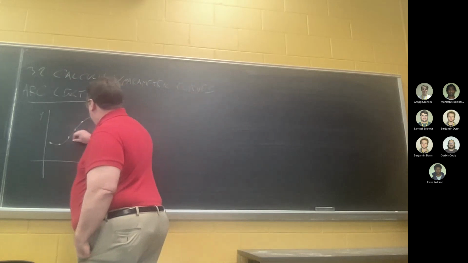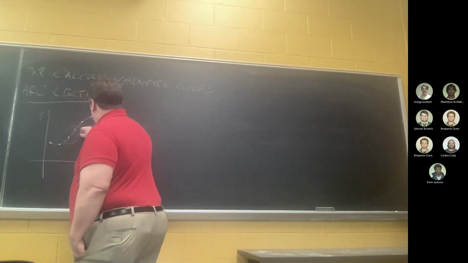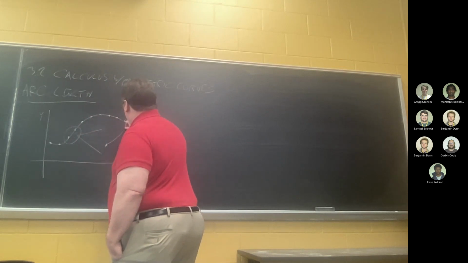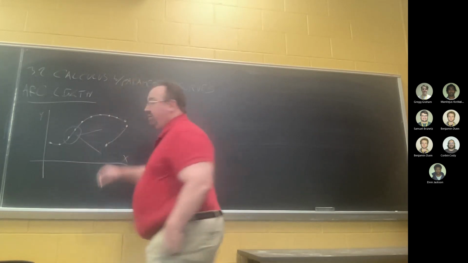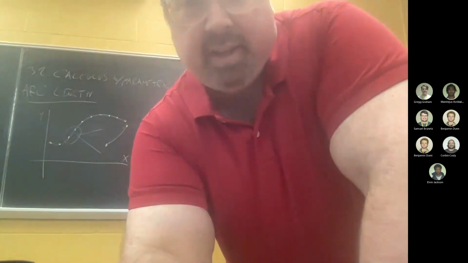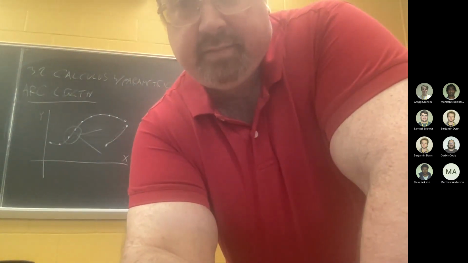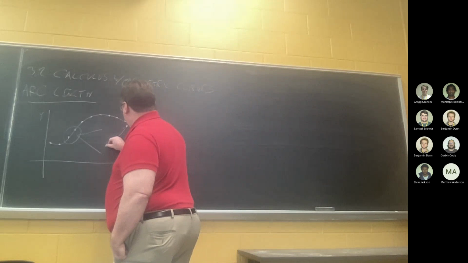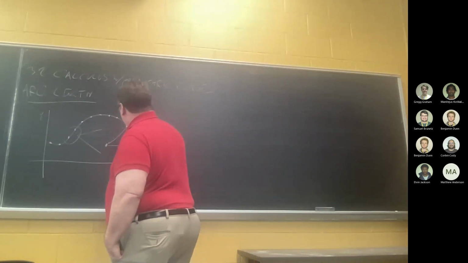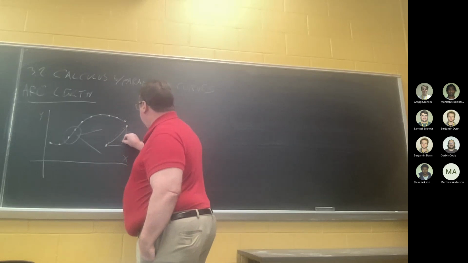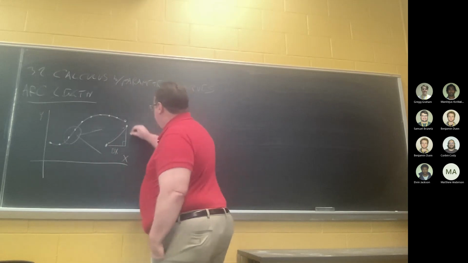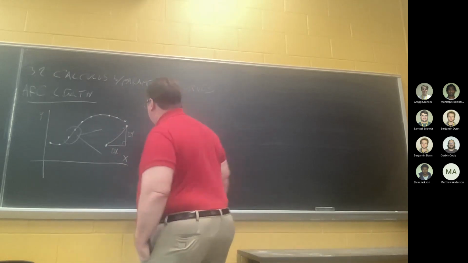So if I pick out one of these line segments and zoom in on it, here's the curve, but I'm using this line segment to approximate its length. Then what we have here is a right triangle where this leg is delta x and this leg is delta y.